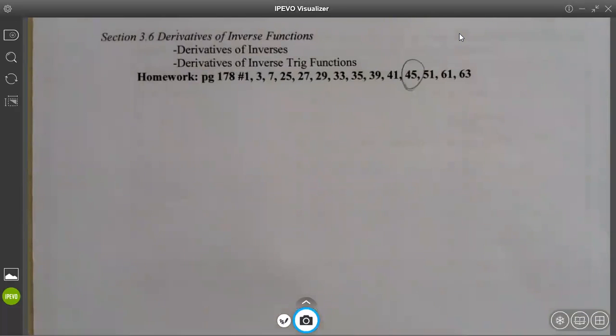Here's your 3-6. It's significantly shorter. Significantly shorter. I don't know if I circled 45 because it was a harder one or because I stopped there. So I'll look at them in just a second and let you know.